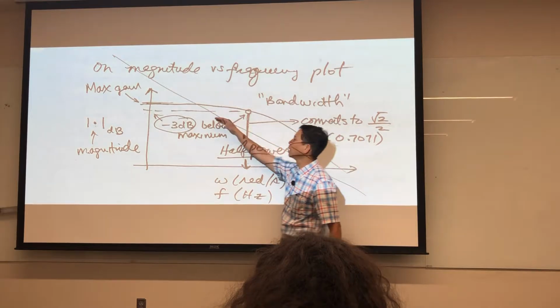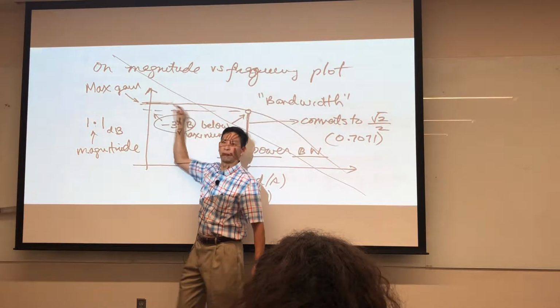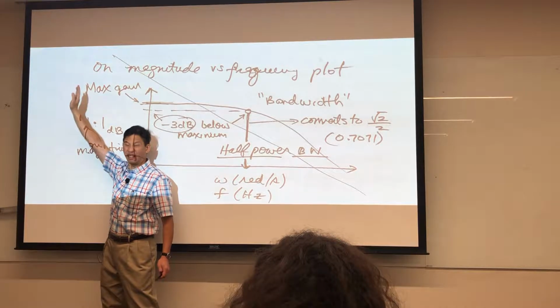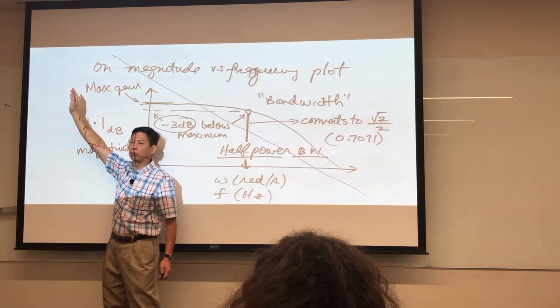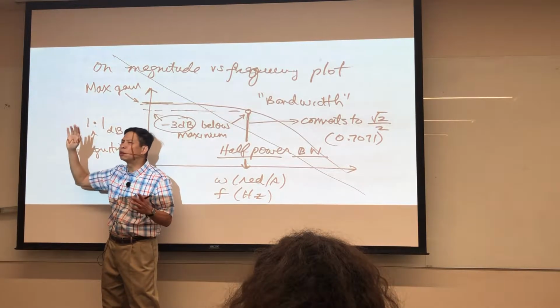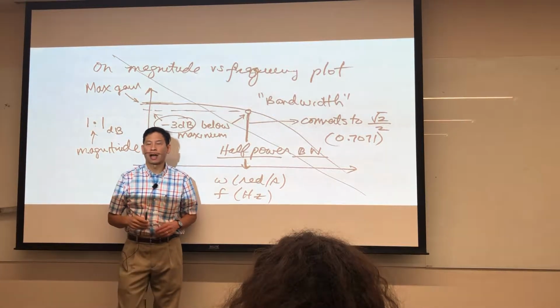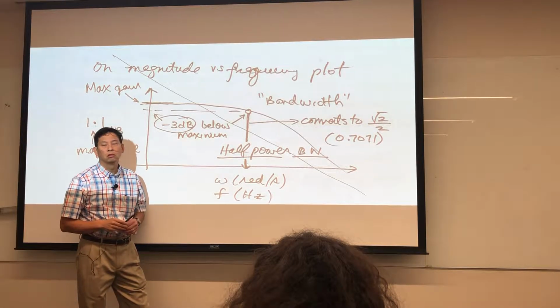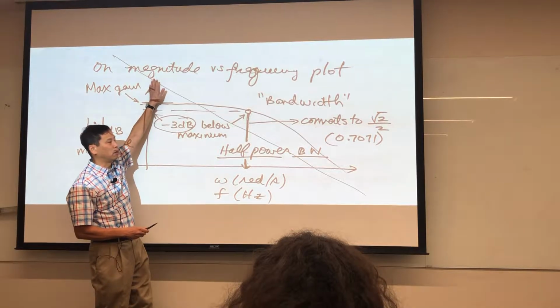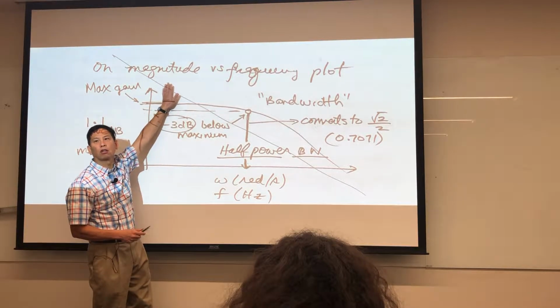Well, what is the maximum gain? If I keep on going this way, the maximum gain keeps on going up, and so the maximum gain is infinite. So 3 dB below infinity, or 70% of infinity, is still infinity. So that's not a very useful idea of bandwidth. The other idea says, well, if the gain is infinite and I cannot find 70% of infinity, let's look for another way.